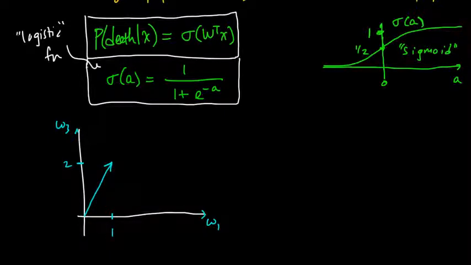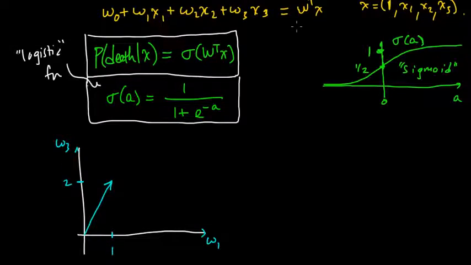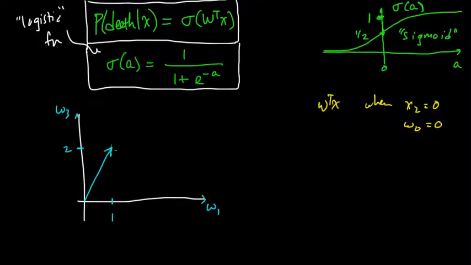And so the level sets of this thing, w transpose x, when x2 is 0 and w0 is 0, we're just looking at this part. The level sets of this thing are orthogonal to this vector.